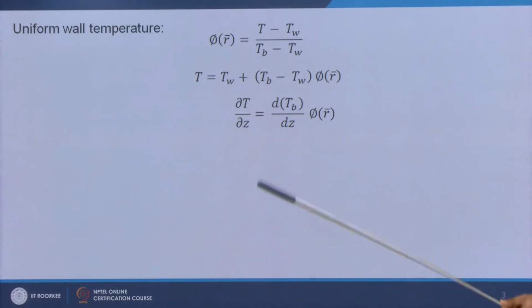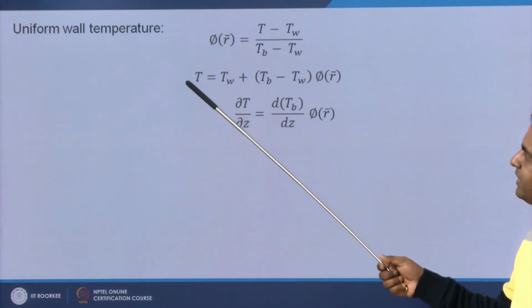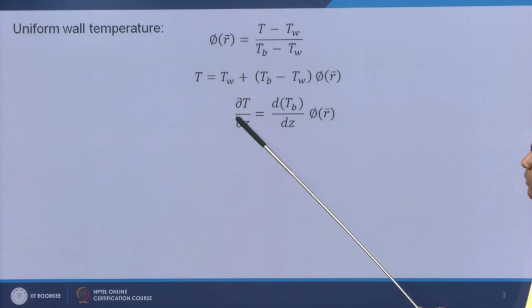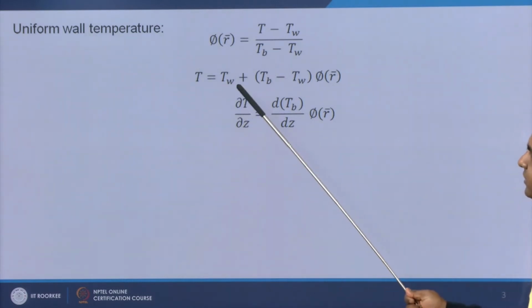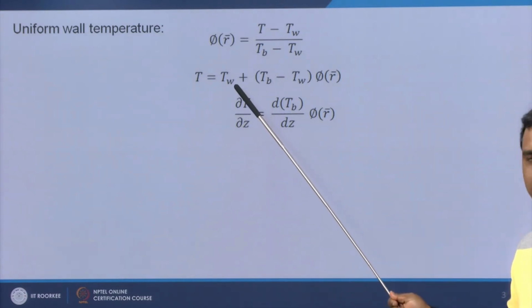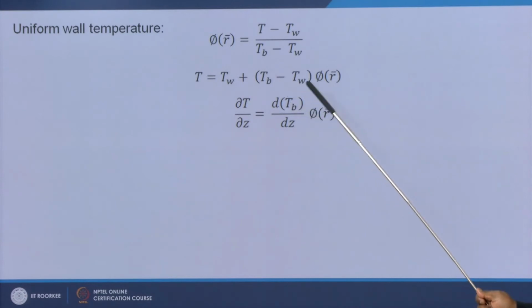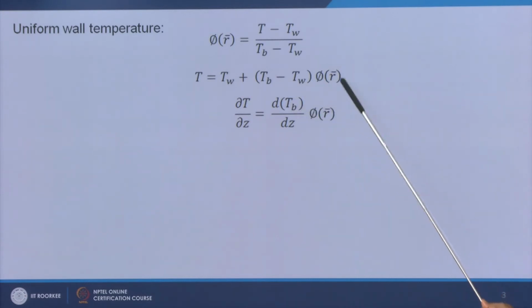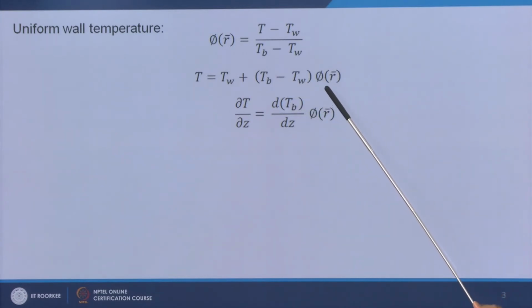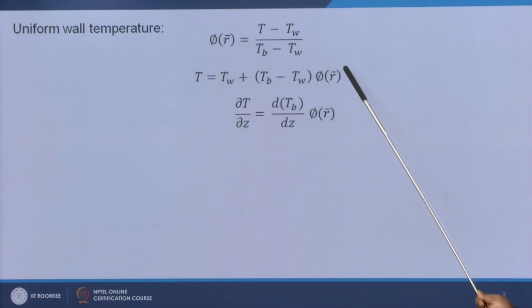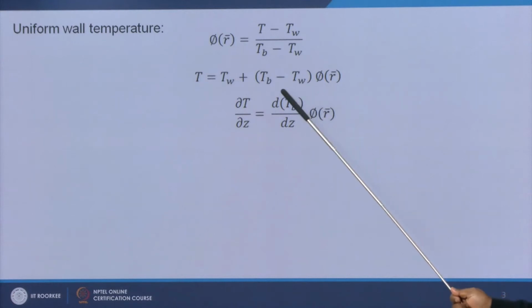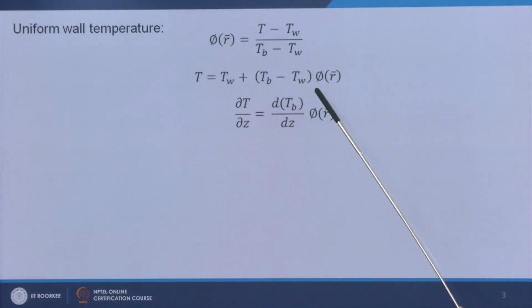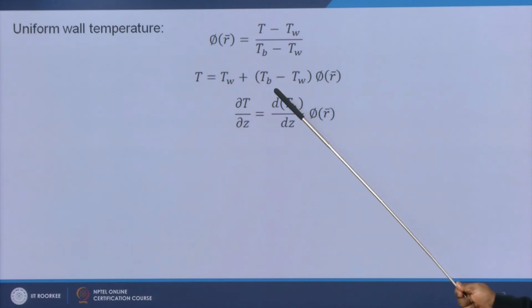Then if we take the derivative of this temperature with respect to Z, then as Tw is constant for uniform wall temperature, that term goes to 0. Since phi is a function of R, we need not take the derivative of phi with respect to Z. But Tb minus Tw is there, which can depend on the value of Z, so here we need to do the derivative.